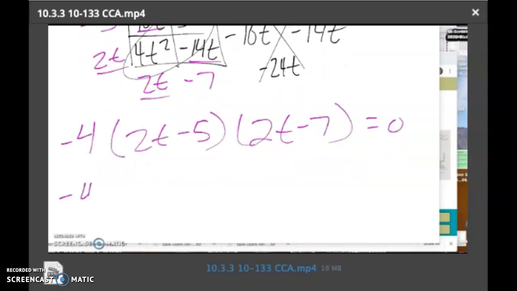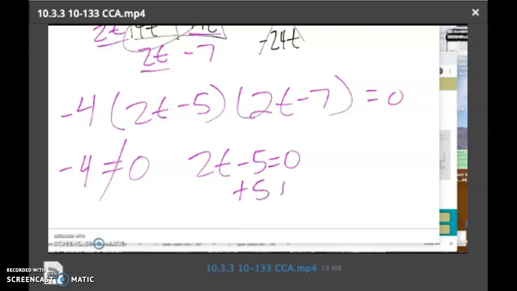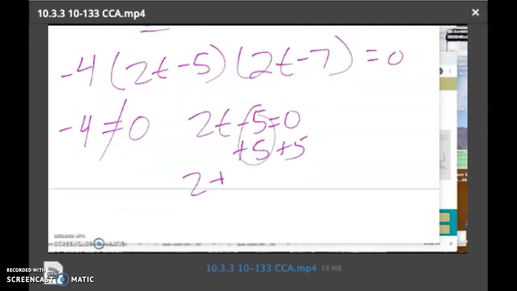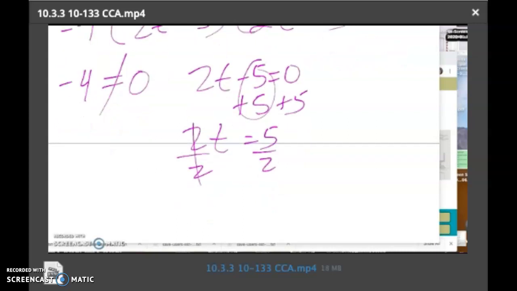So I have a negative 4 equal to 0, which is not true, so I can throw that out. I've got 2t minus 5 equal to 0. Solve that for t. So I get that t is 5 halves, or 5 divided by 2 gives me 2.5.